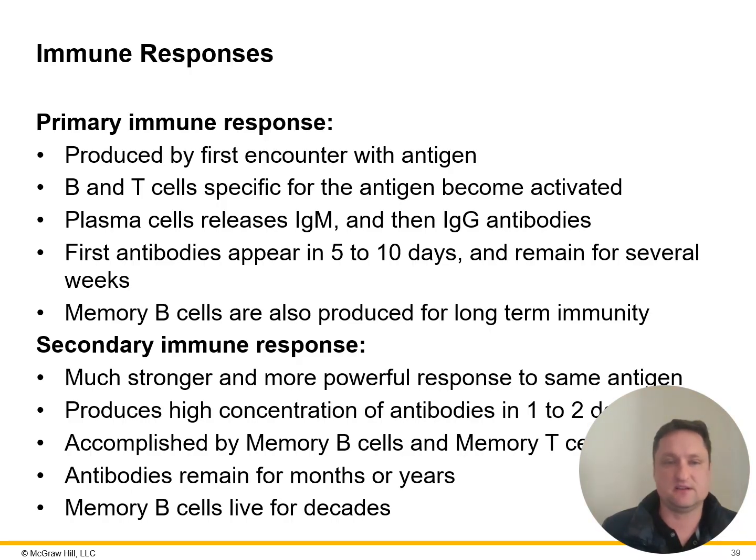They refresh and expand those memory pools. The big picture, primary builds the blueprint in memory, secondary uses the memory to mount a quicker, more powerful, long-lasting defense. So these memory B cells can persist for decades.